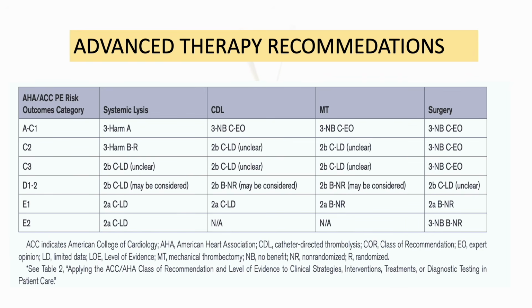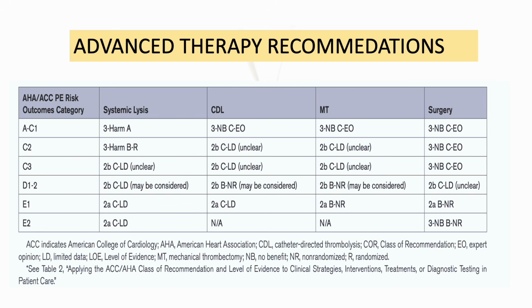The first table, which gives us a summary of these advanced therapy recommendations, has beautifully shown how various recommendations come with their own uncertainties based on the level of evidence that we have for these strategies.